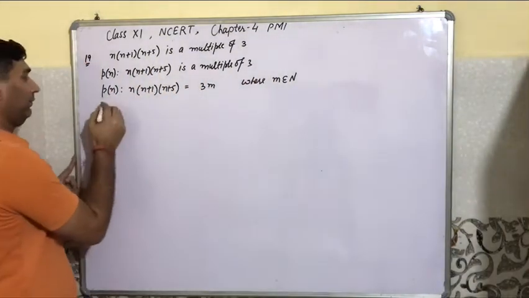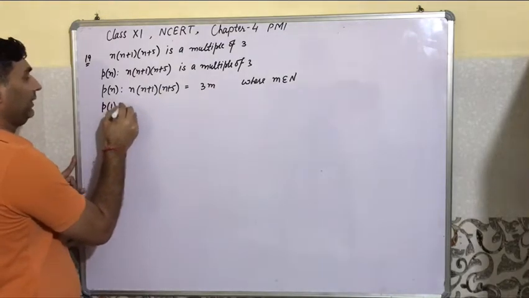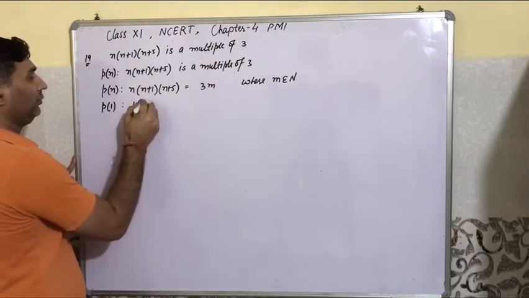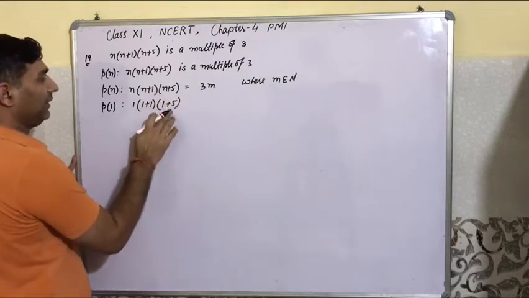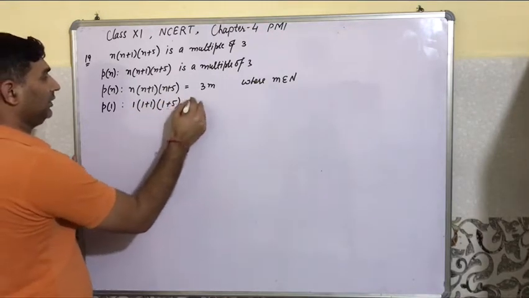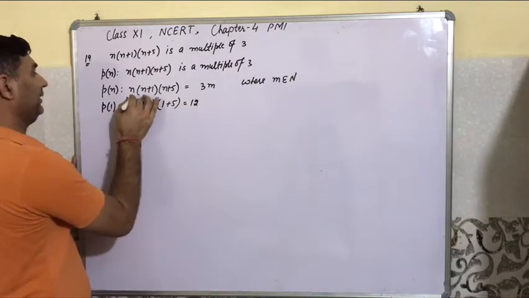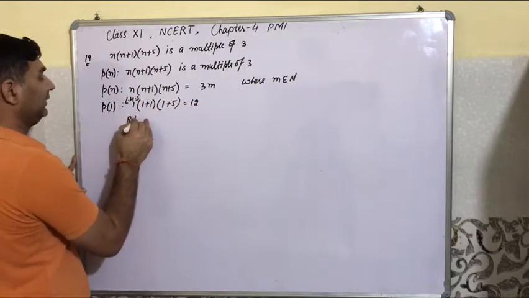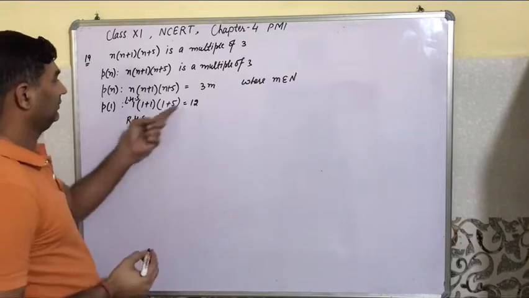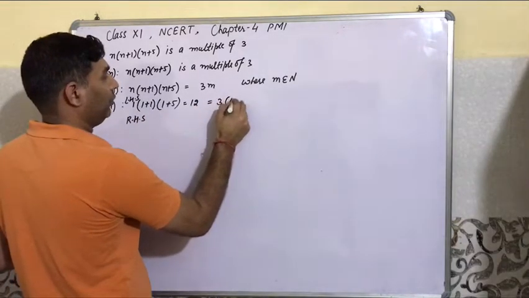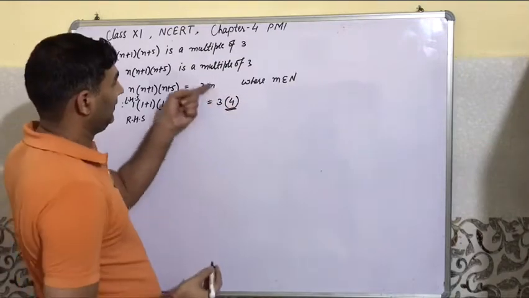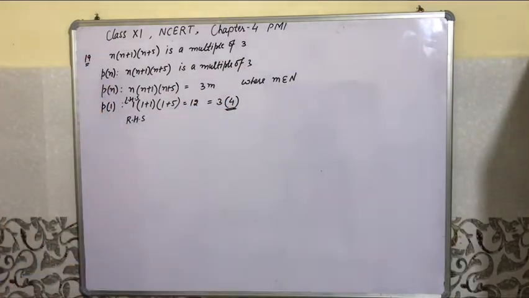Let us prove p of 1 true. 1 into (1 plus 1) into (1 plus 5). This value is 12, which is equal to 12. This is the left hand side, and then the right hand side; this value is 3 into 4. The value of 3 into 4 is equal to m.